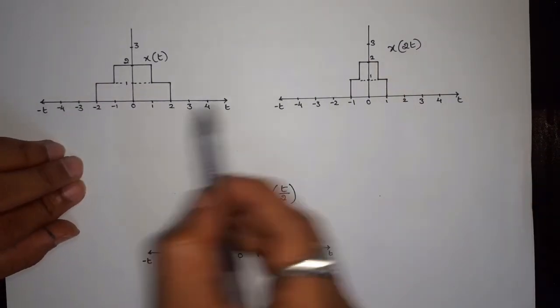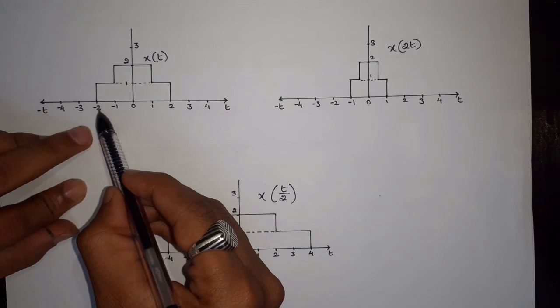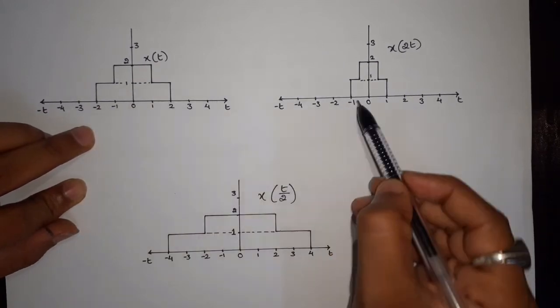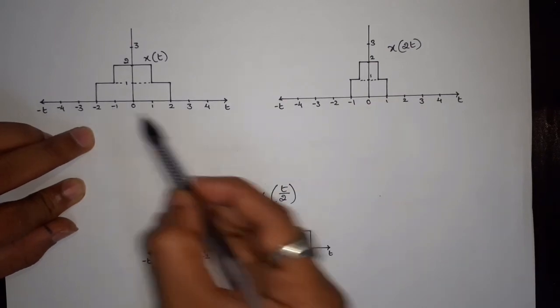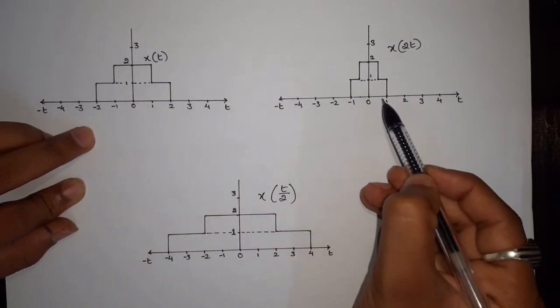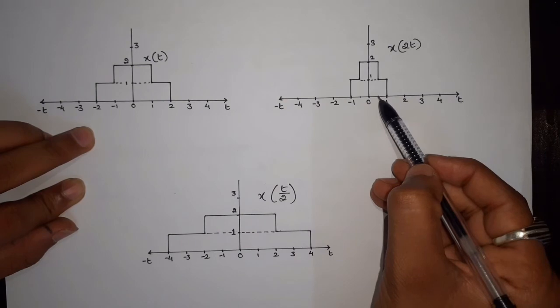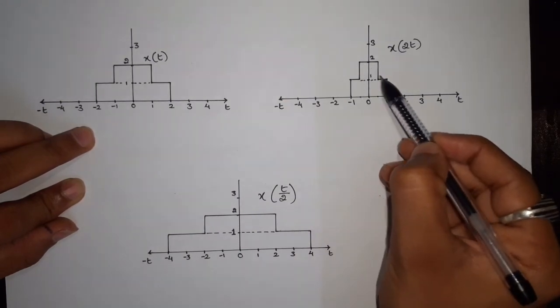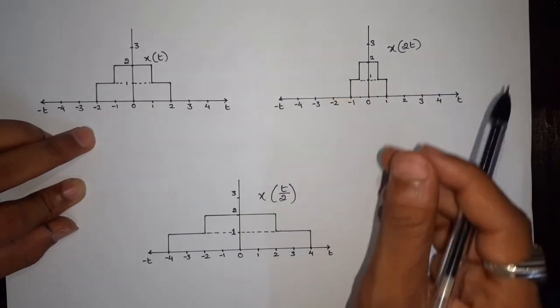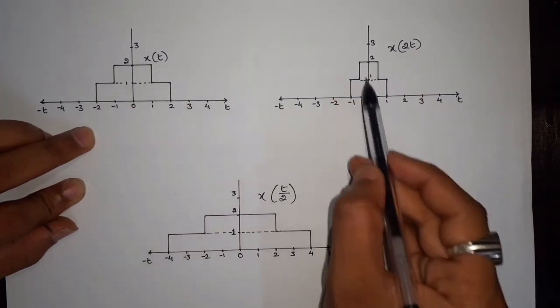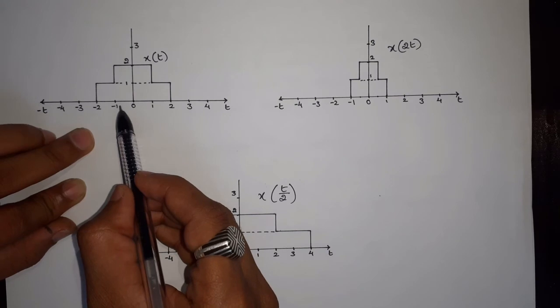So -2 by 2 is -1, +2 by 2 is +1, -1 by 2 is -1/2, +1 by 2 is +1/2, and the amplitude remains the same. The signal is just compressed with the same amplitudes; only the time is scaled.